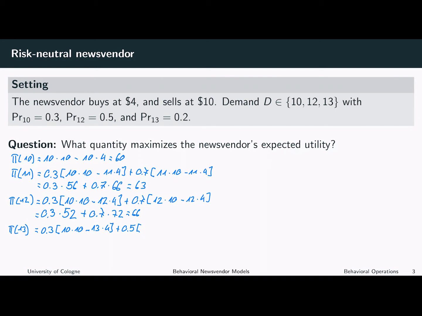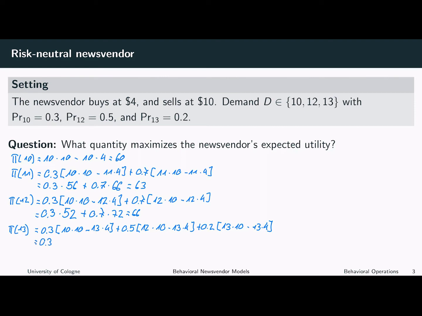In this case, I will sell 12 units at a price of 10 and have to pay for 13 units a price of 4. With a probability of 0.2, there will be a demand of 13, which means I will sell 13 units if I ordered 13 units. And again, I have to pay for all these 13 units.